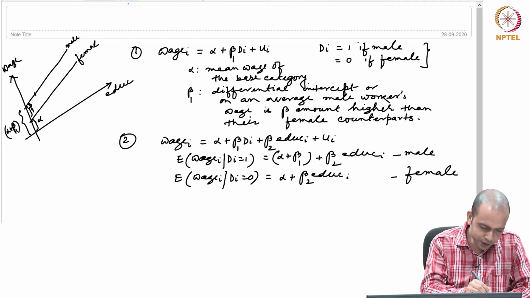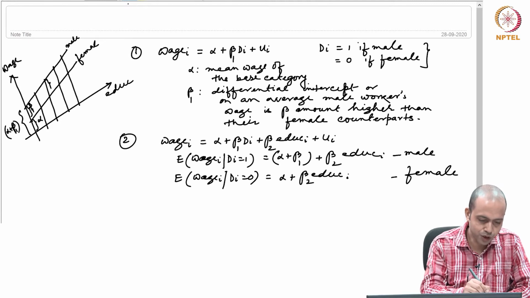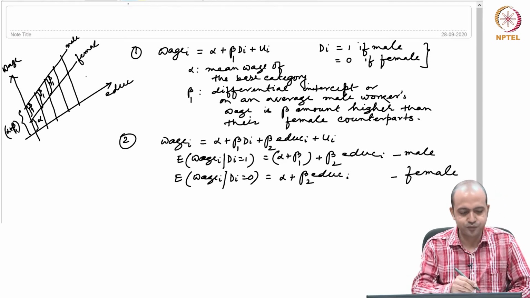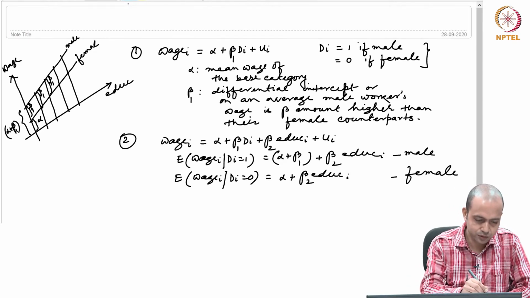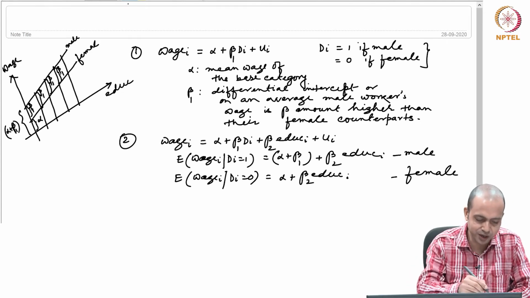So, for every level of education, male workers earn beta 1 amount higher wage than their female counterpart, and the slope is the same. These are two parallel lines, that is why the difference at every point is only beta 1.